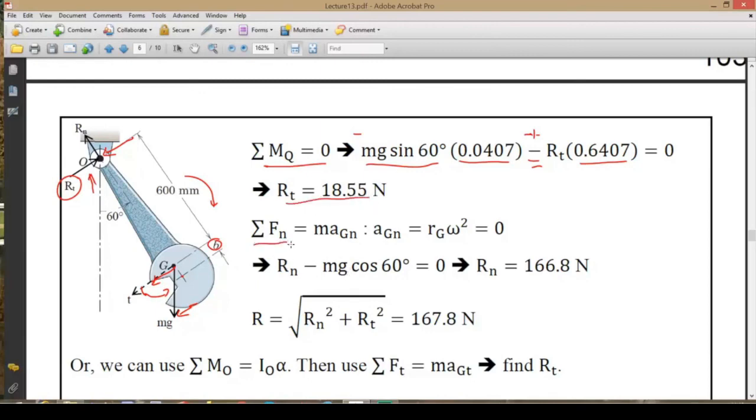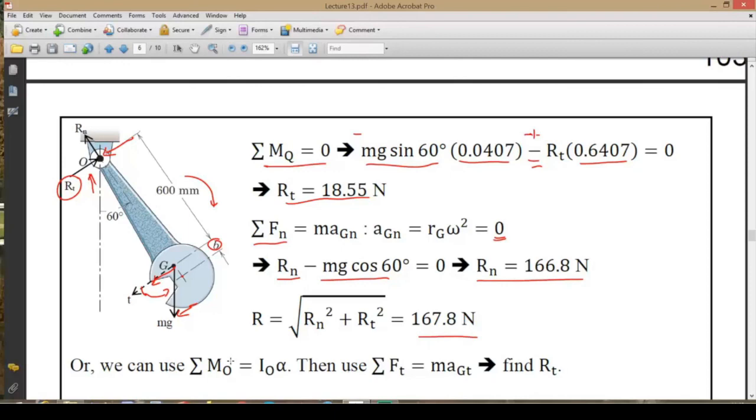From the Fn equation, on the right hand side, we know that this has to be 0 because at the instant of release, just after the release, omega g is equal to 0. So we have Rn and then a component of the gravitational force acting in that direction, where we can calculate Rn, and then finally we can find the total reaction force.